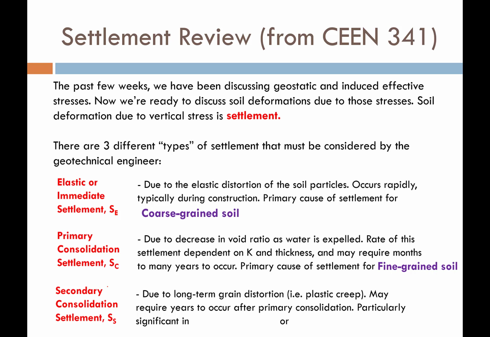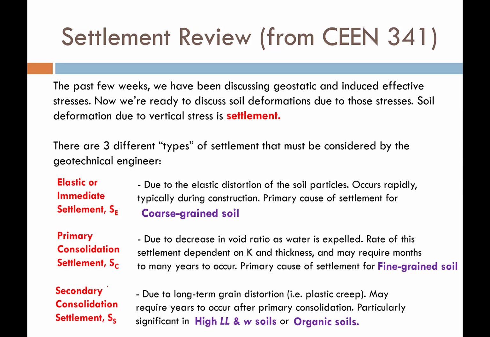All we can do is reduce its effects. Its effects are particularly significant for soils that have a high liquid limit and a high water content, or soils that are organic in nature, because organic soils tend to decompose, and that decomposition causes the whole structure of the soil to change and will cause it to settle.